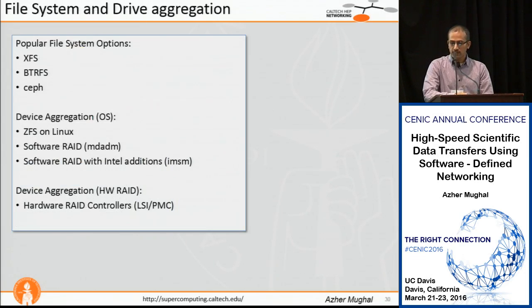So not just the network or the network cards, you also need to have a proper I/O subsystem if you really want to design a DTN, which is taking the network traffic in and writing on the disk drives. So we need to consider which file system we need, for example XFS, BTRFS, Ceph for a distributed file system for the storage.